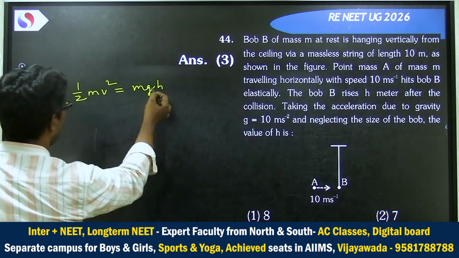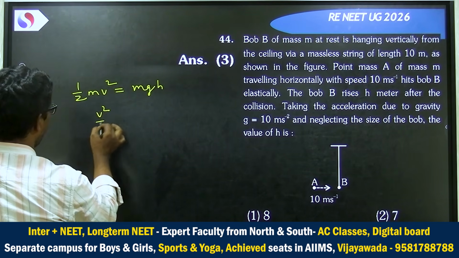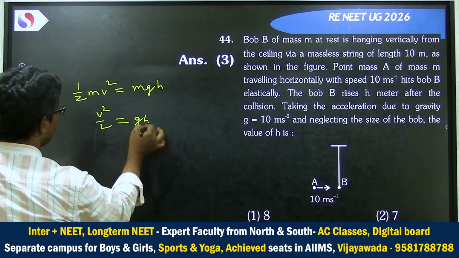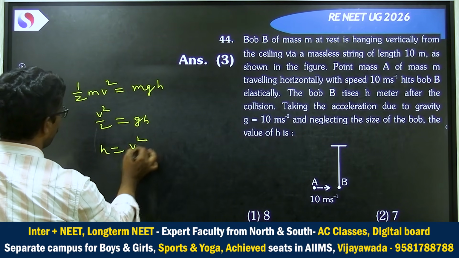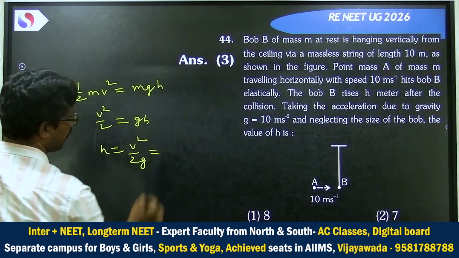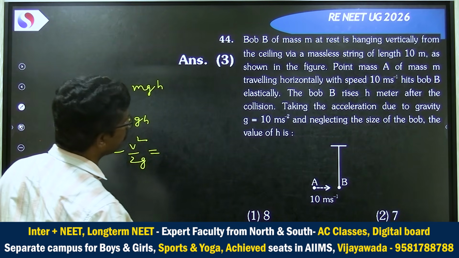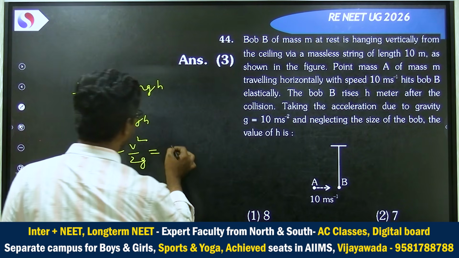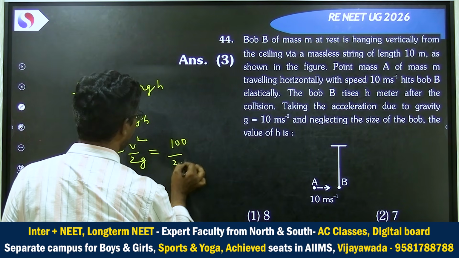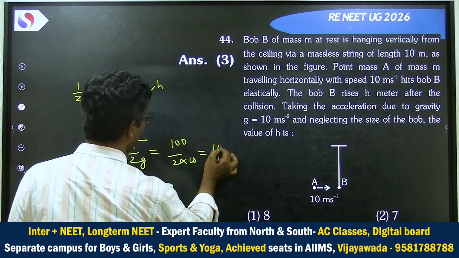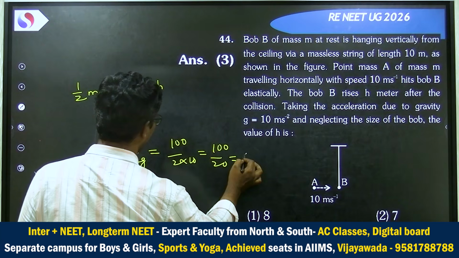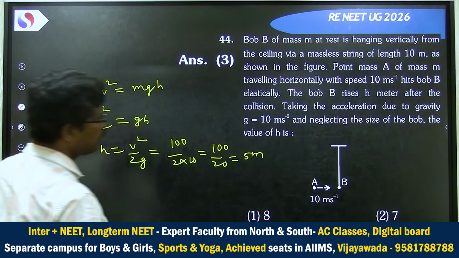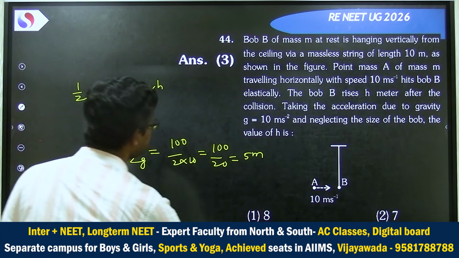So v square by 2 is equal to gh, and height h is equal to v square by 2g. The value of velocity is given as 10, so v square is 100, and 2 into g is 20. That is equal to 100 by 20, which is 5 meters. Our answer is 3.